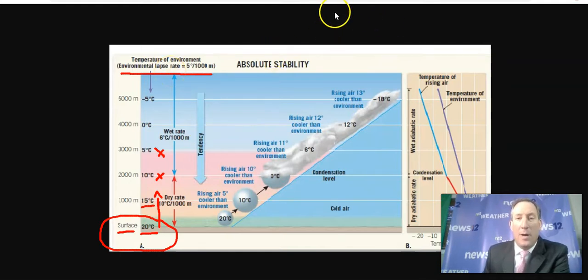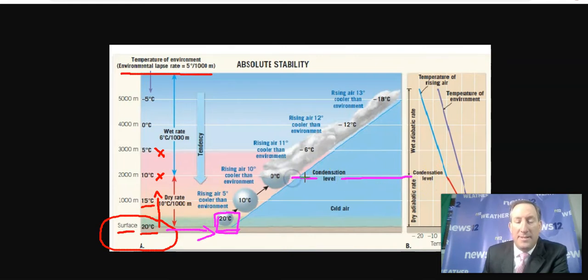Now we need to figure out the air parcel temperature, okay? The air parcel temperature will be given here, the given surface temperature. So just like with the air temperature, it will be 20 degrees Celsius. So the surface temperature and the air parcel temperature will always be the same. The one thing that we do need to watch is where the condensation level is.